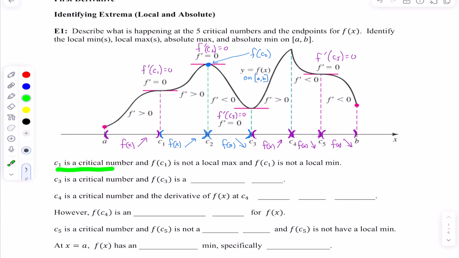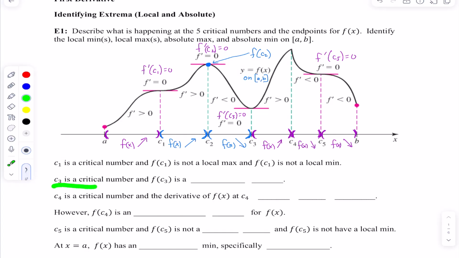So C1 is a critical number, and f of C1 is not a local max, and f of C1 is not a local min. As I was describing earlier, the function increases before the interval that has C1, and then after the interval that has C1. I'm sorry, after this interval right after C1.